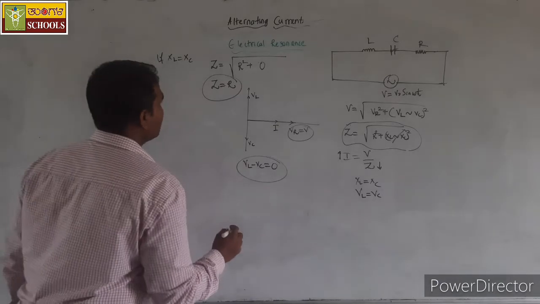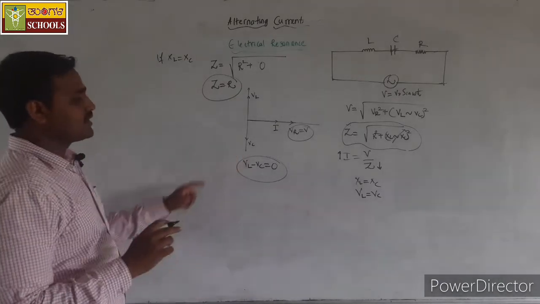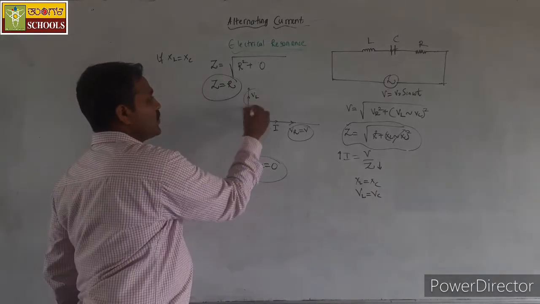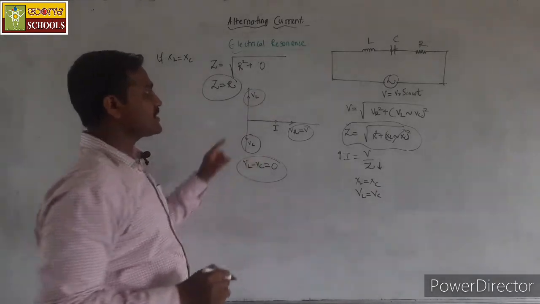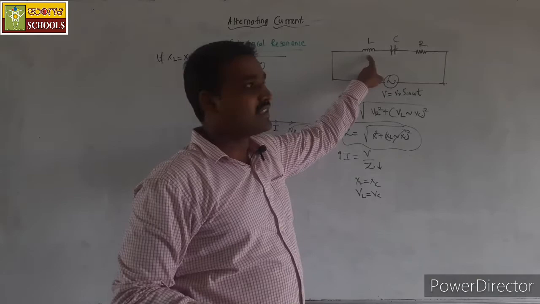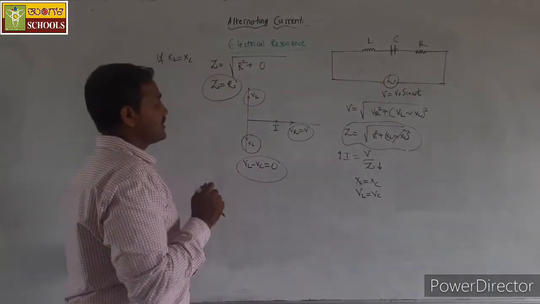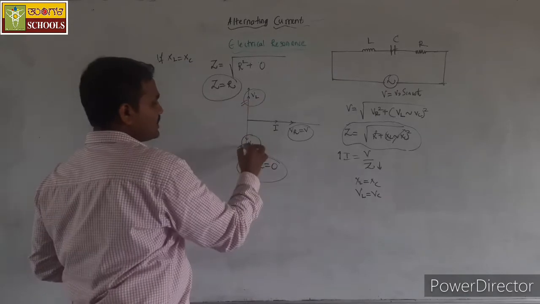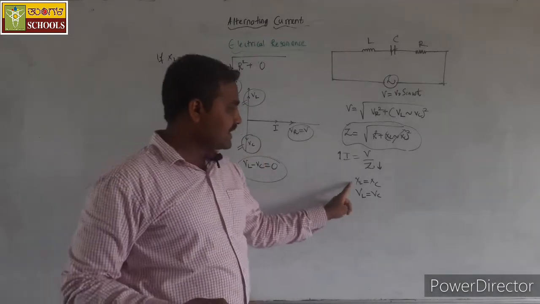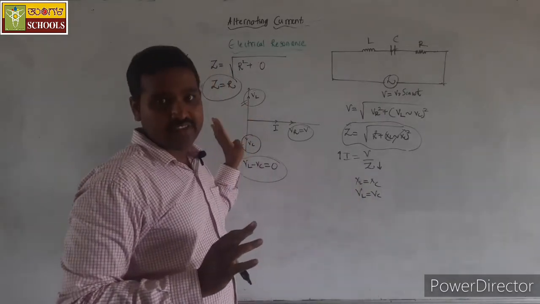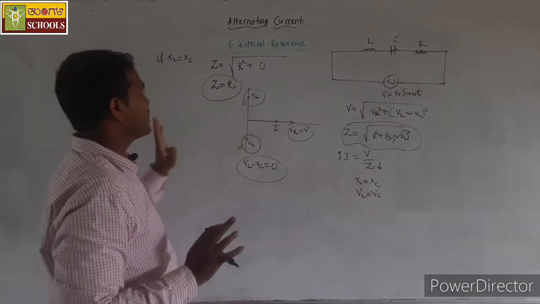Yes, so at resonance XL will be equal to XC. So the voltages VL and VC, across the inductor and capacitor, will be completely out of phase. So this VL cancels this VC, or this XL and XC cancel each other because they are out of phase, they are opposite to each other.